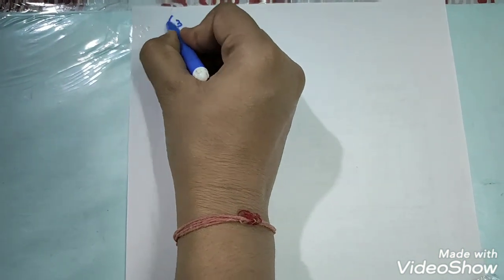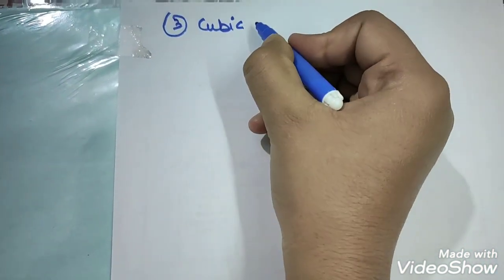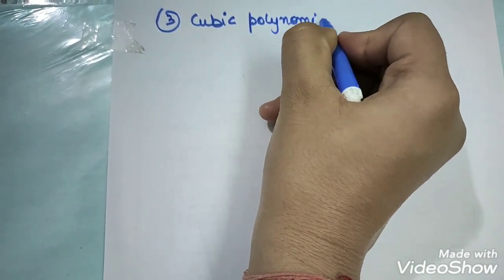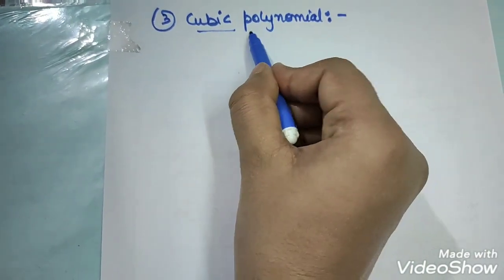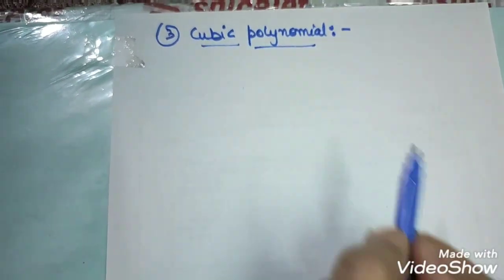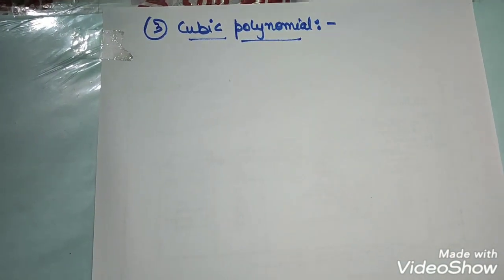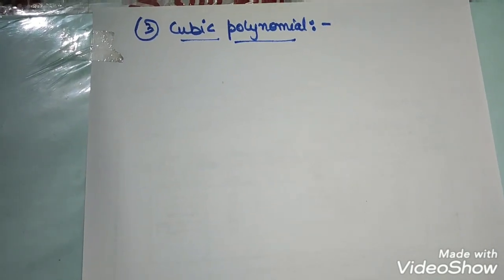So the next polynomial is the cubic polynomial. From the name itself, now you will get the idea. Cubic means 3. That is, the highest power or degree of any variable should be 3.